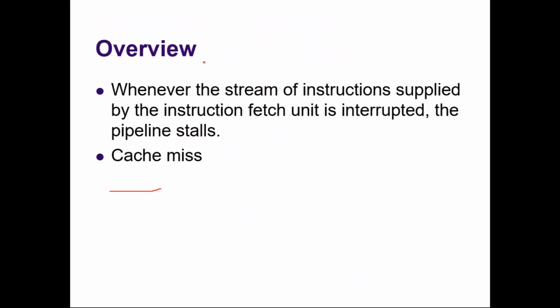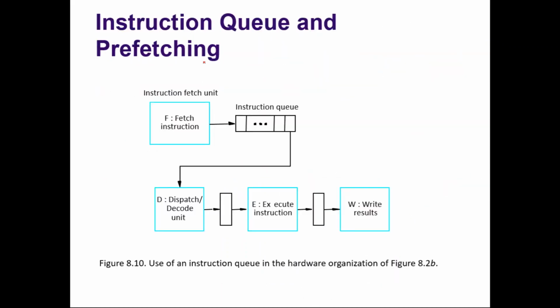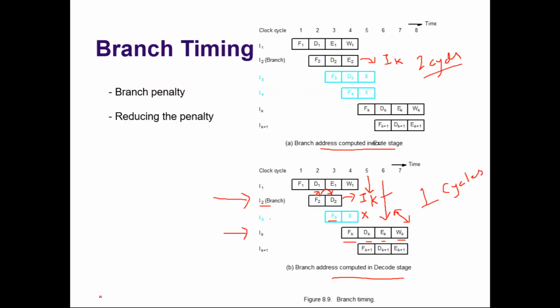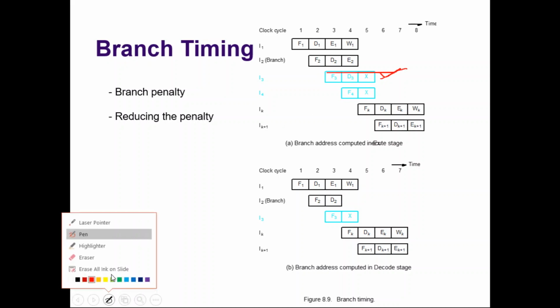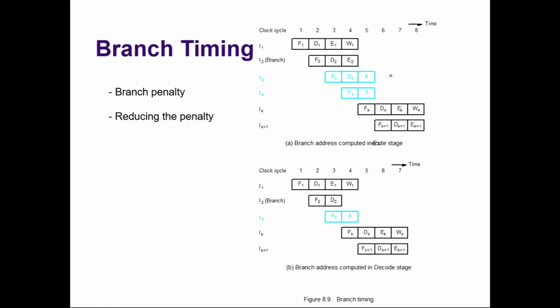Let us take this particular timing diagram from the previous cases. Here, in the first case, these 2 instructions are not supposed to be fetched, but we have fetched them, and we have paid the penalty for that, in terms of extended clock cycles. Similarly here, this instruction is not supposed to be fetched, so because of that also we paid a penalty.